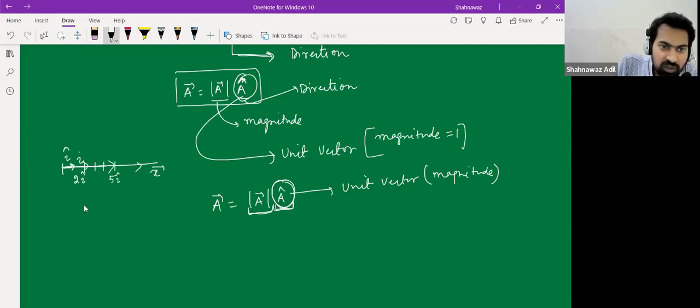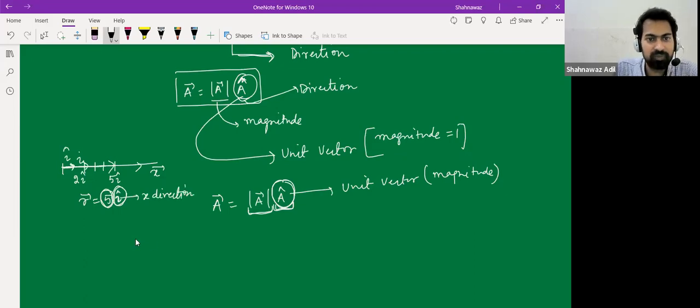So this vector has two components. This is the magnitude, and this only tells about the direction. So this I hat represents that it is moving in the x direction, right? Okay, sir.